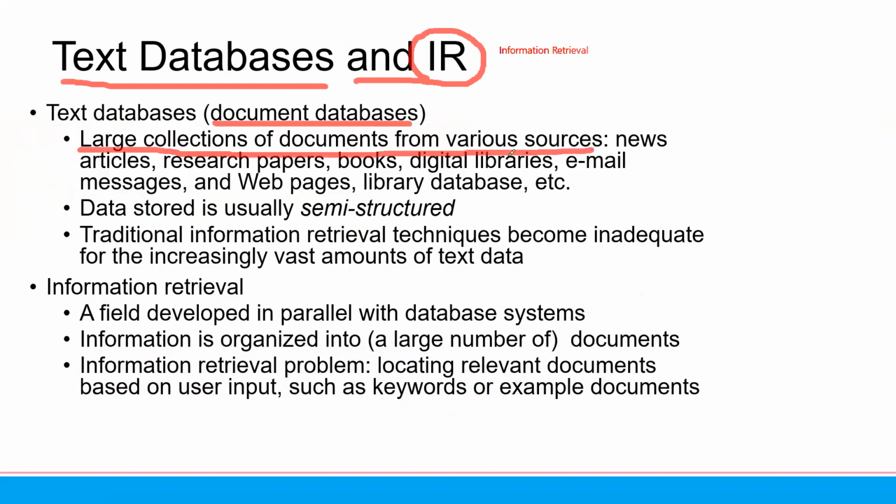We can have news articles, a database about news, a database about research papers, a database about books, meaning what kind of books you already have and what kind of books you want to save into your repository. Digital libraries, email, web pages, library databases. Those kinds of things we can call a text database.